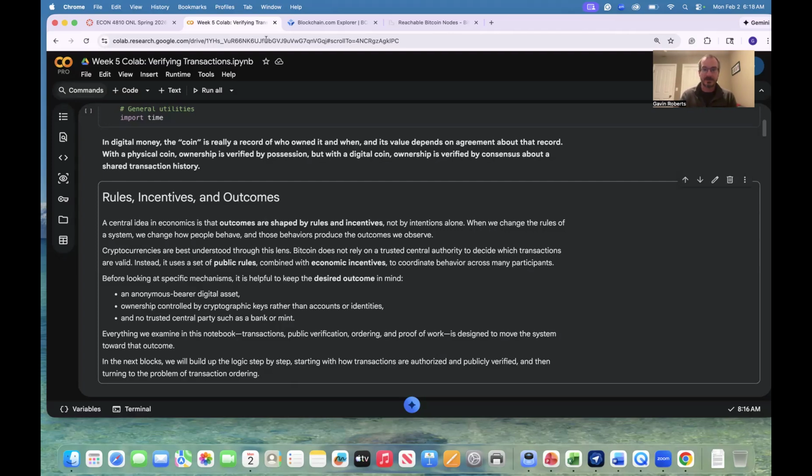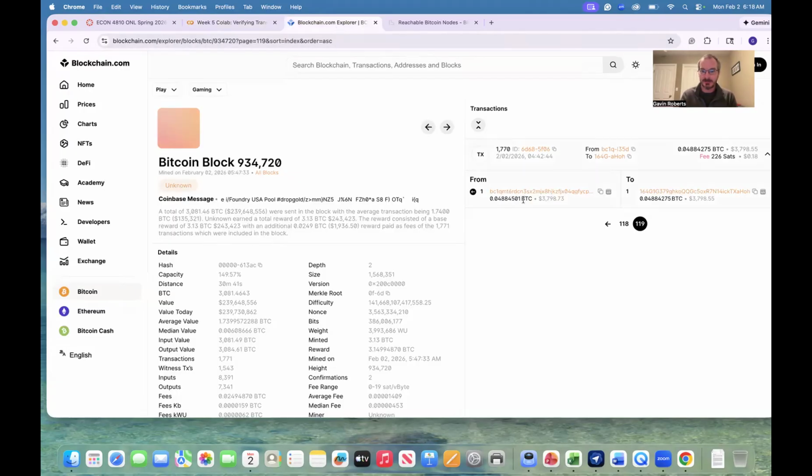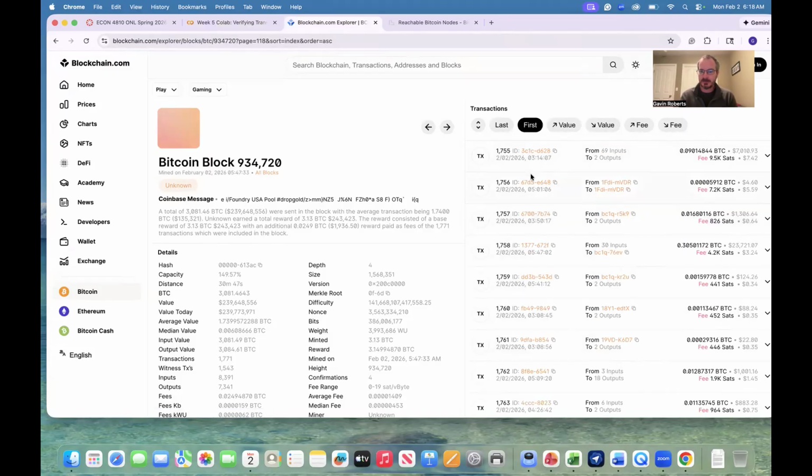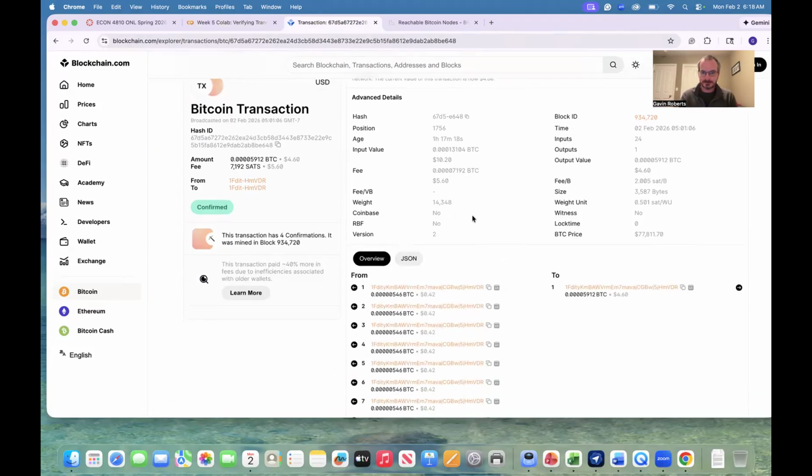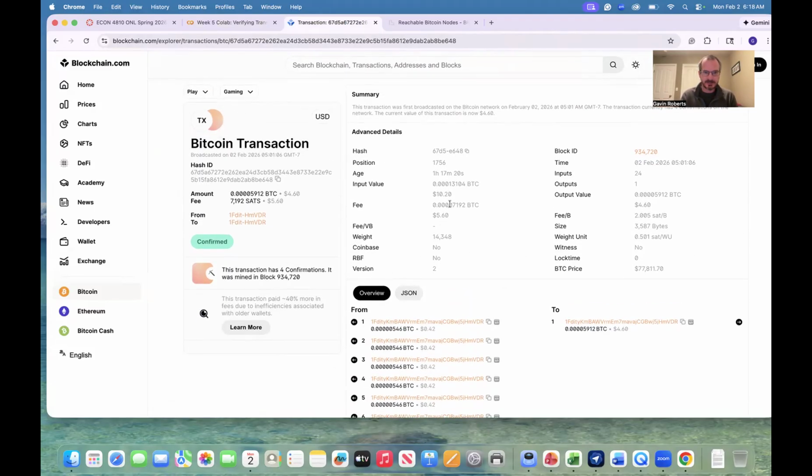So, what we observe on the Bitcoin blockchain are these addresses moving value to one another. We can look at this transaction and what this transaction is moving around.